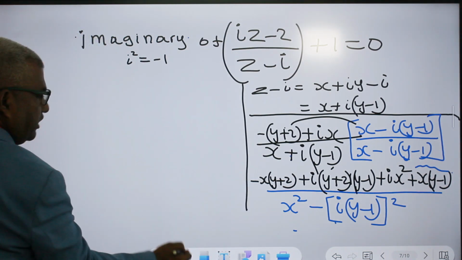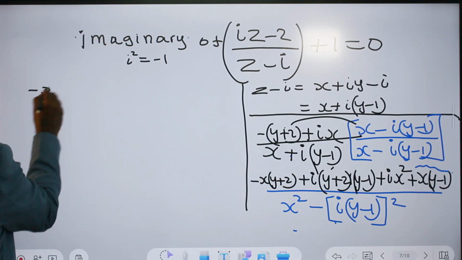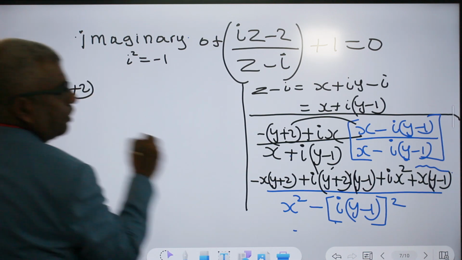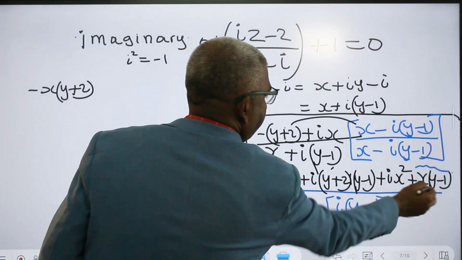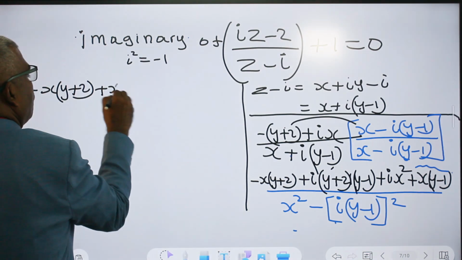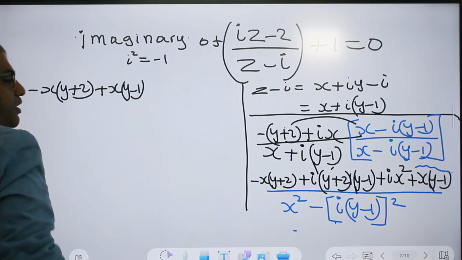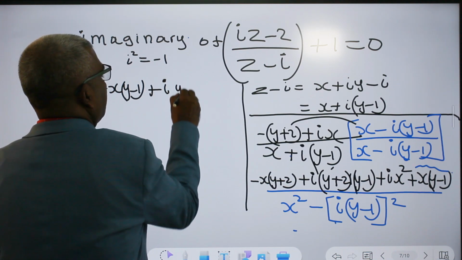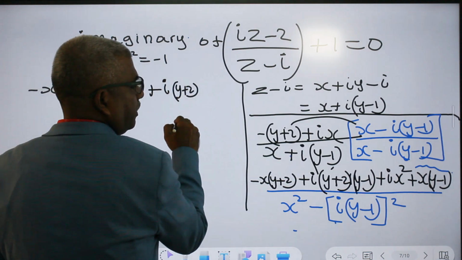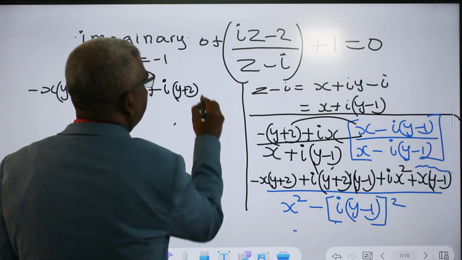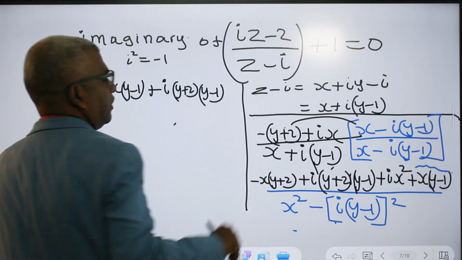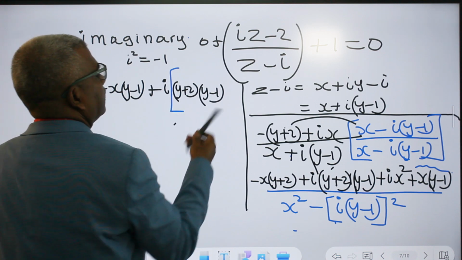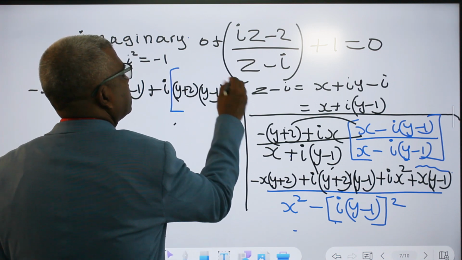Now let me write it in a proper way. Plus x(y minus 1), plus i[(y plus 2)(y minus 1) plus x squared]. This is the imaginary part.